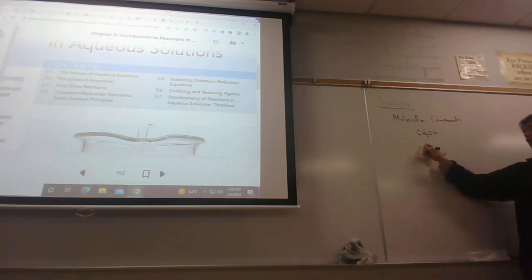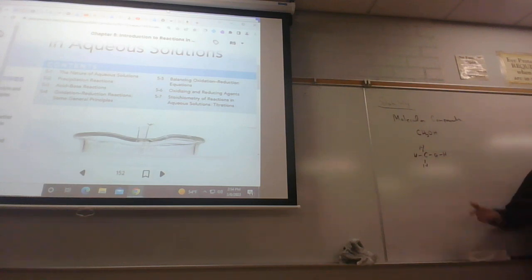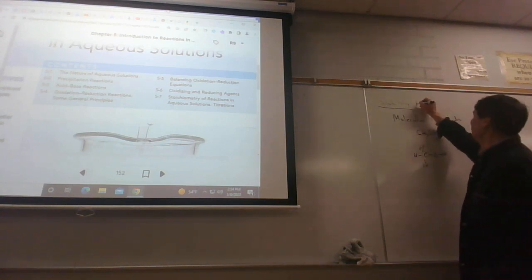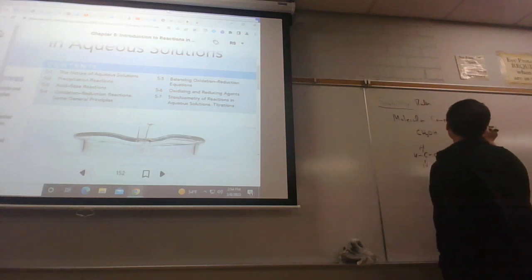The difference between this OH and a hydroxide is this would be an ionic bond and this OH would be negatively charged. But this is covalently bonded. So this is a molecular compound. And the solubility rule for molecular compounds is very simple.